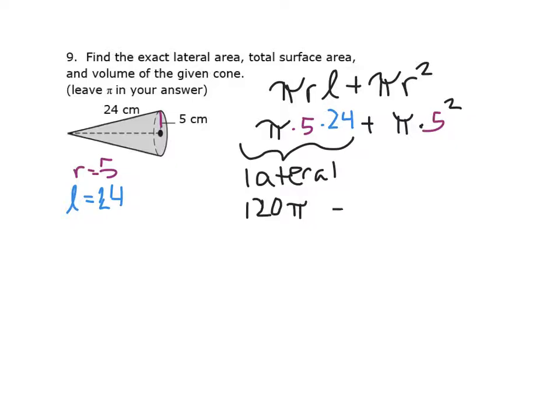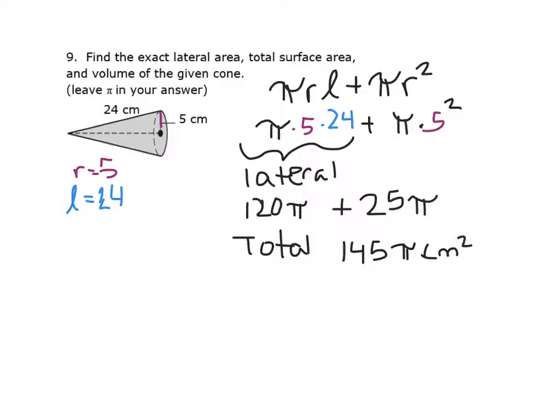And then if we're looking for the total, we're going to go ahead and add 5 squared, which is 25 pi. And that gives us our total. 120 pi plus 25 pi is going to be 145 pi. And these are in centimeters squared.